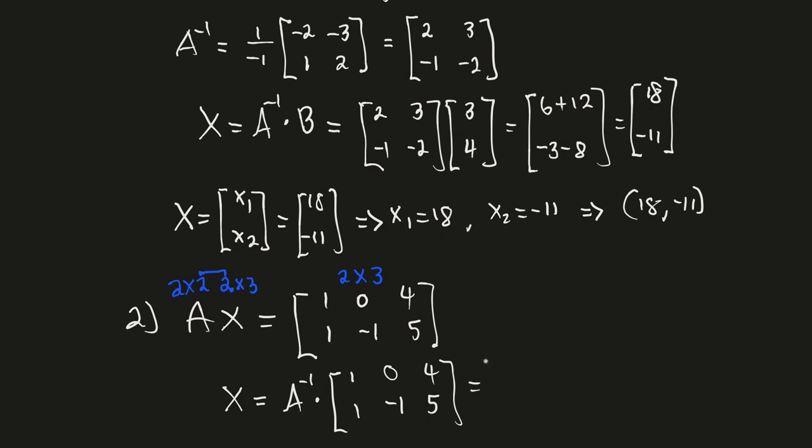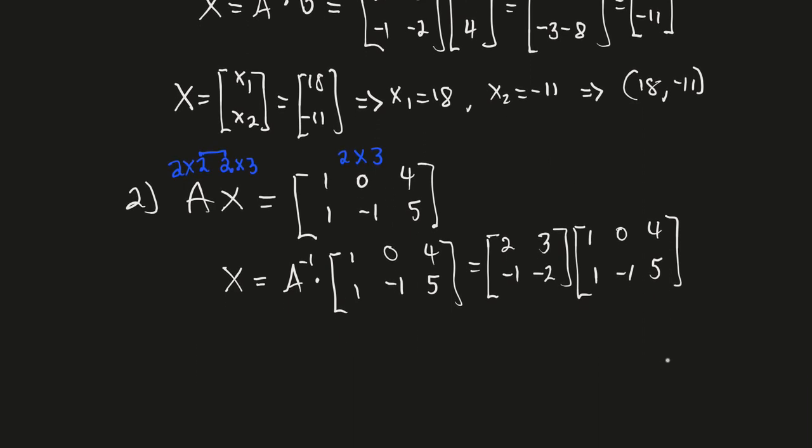Well, let's write it down. So A inverse is 2, 3, negative 1, negative 2, and then we have 1, 0, 4, 1, negative 1, 5, and then we'll do our multiplication. So now we have a couple of rows and several columns to work with. Again, we know what the answer is going to be.